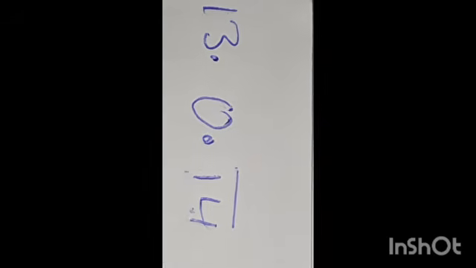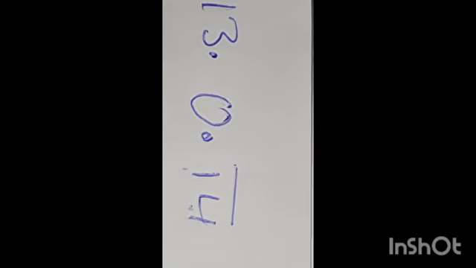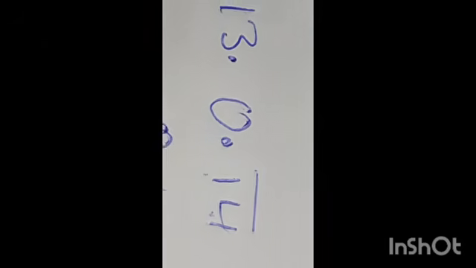So let's write it as a series. The first term will be 0.14. Then the second term is 0.14 divided by 100, which gives 0.0014.